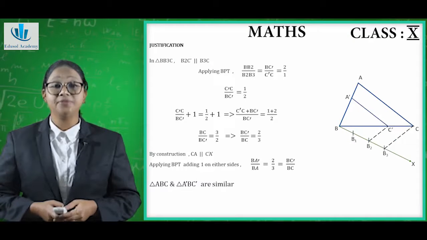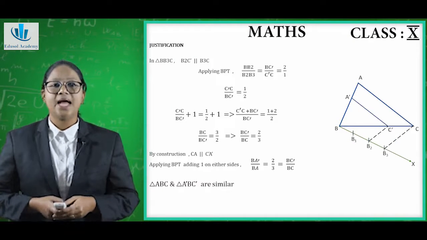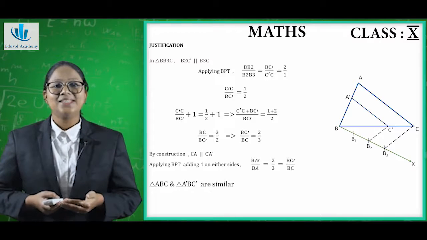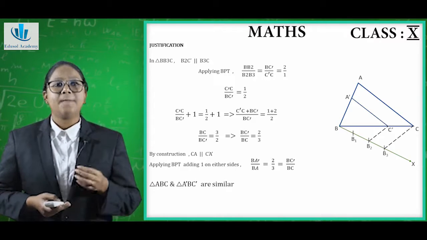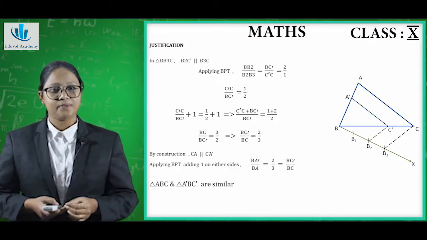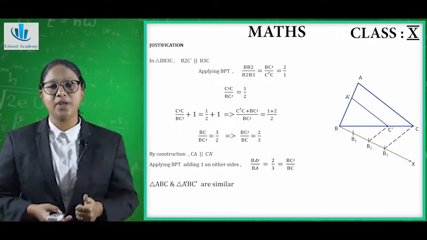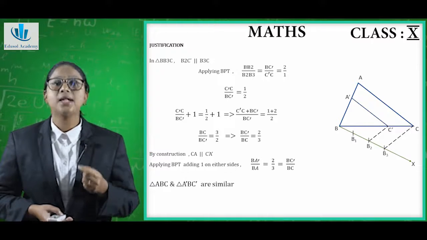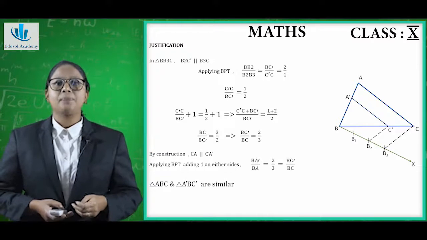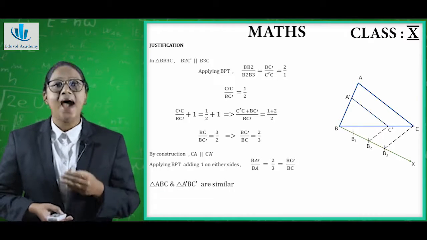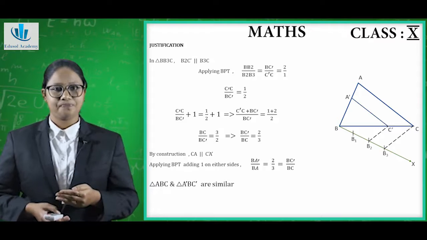Let's have a look at the justification of this construction. As in, on what grounds is this construction correct? So, in triangle BB3C, you may observe the figure that has been shown on the screen right now. In the triangle BB3C, we know that B2C dash is parallel to B3C.